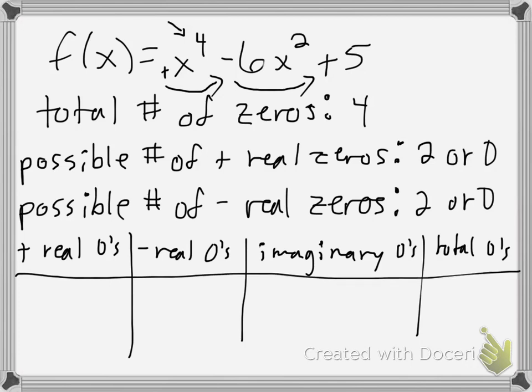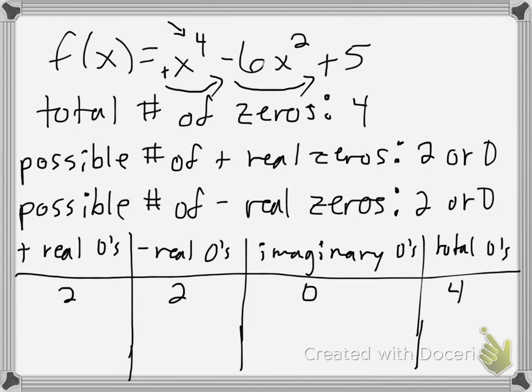You should remember this from our notes from the other day. So I'm just going to build all the possible combinations of my types of zeros. The first one I'm going to do is my possible number of positive real zeros was 2. That was my highest one. And I could have also had 2 negative real zeros. Now remember, I need a total of 4 zeros. So 2 plus 2 gives me 4, so that would mean there would be 0 imaginary zeros with this specific combination.